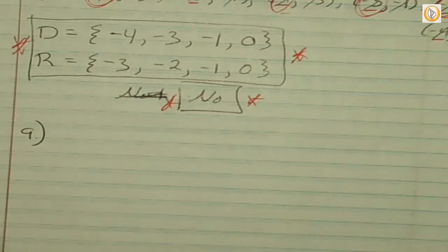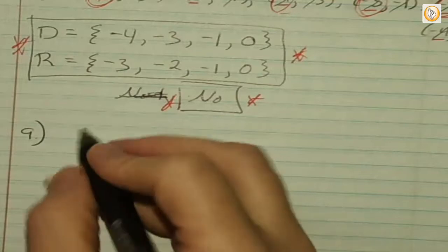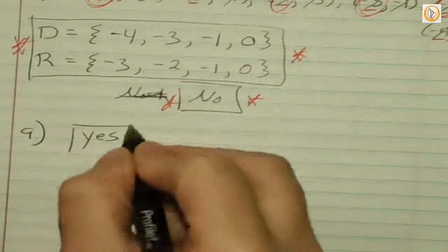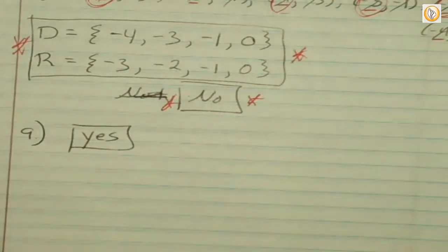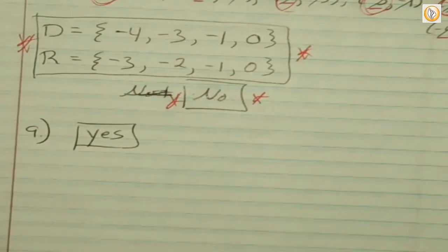Therefore, just by looking at that, it is a function. If you draw the vertical line through any of those dots, it does not connect with any other because it's straight up and down. So the easiest way to do this one is not even draw a line.